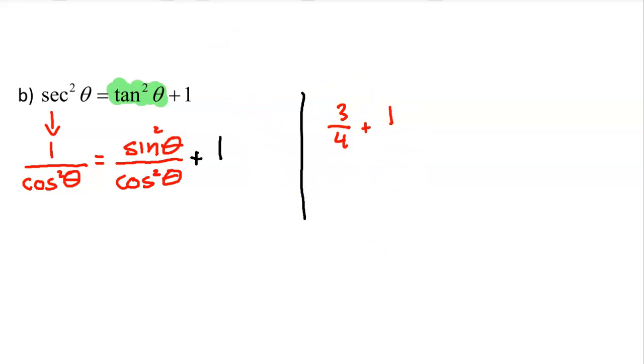What's the strategy called? Find the common denominator. So we'd look down here, say I need it to be 4, and we multiply this by 4 over 4, right? And then I'd have 3 plus 4 over 4 as my answer, which would be 7 over 4, but for our purposes, we'll just leave it here.